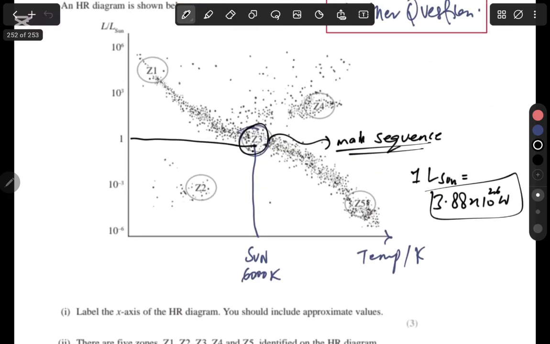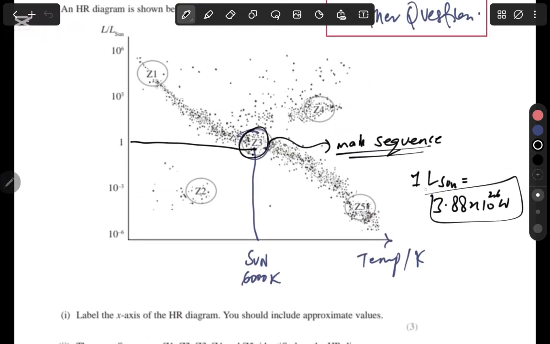So from that you can tell that 1 L Sun is just the luminosity of the Sun, so the Sun has to be somewhere here. And then you can say that the Sun isn't really that hot compared to red supergiants, or it isn't as hot as a white dwarf. So it should be right in the middle. Okay, so that's how we come to the conclusion that we have to put the Sun here.